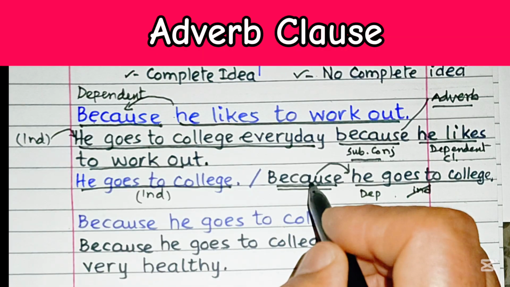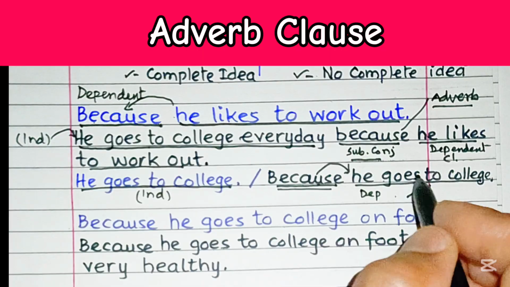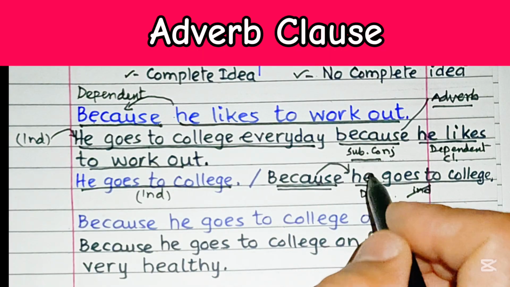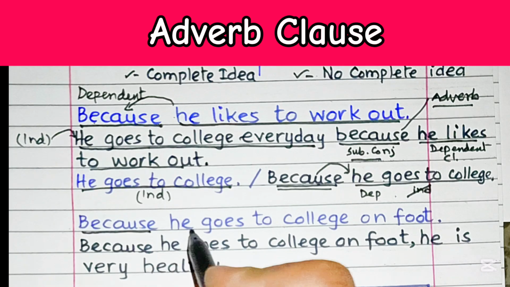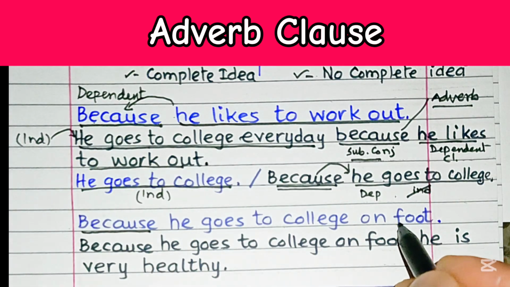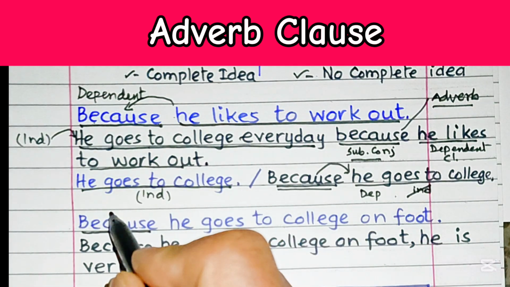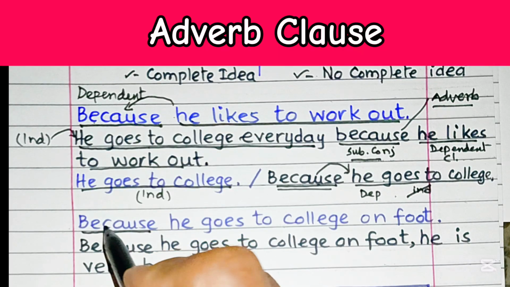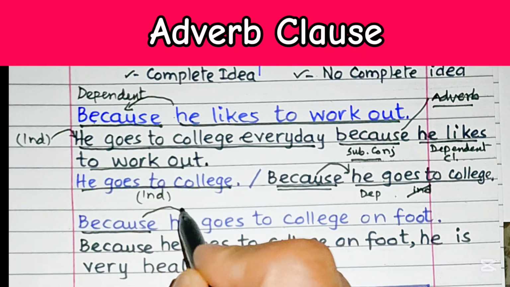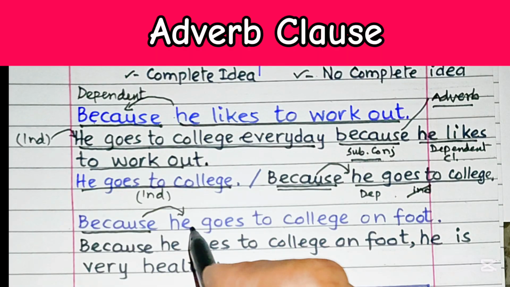Here we are taking help from the word "because." Because he goes to college. We can take another example like this one: because he goes to college on foot. This word, the conjunction, subordinating conjunction or adverb, makes it a subordinating clause, that is, a dependent clause.